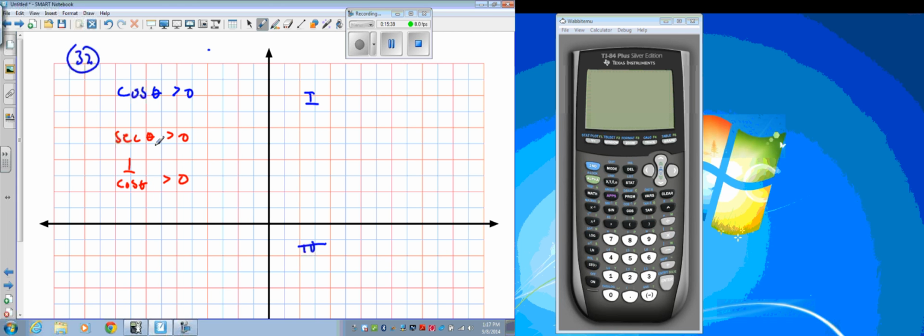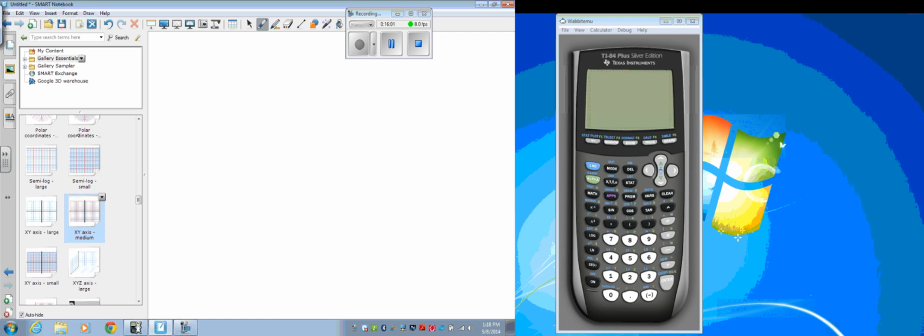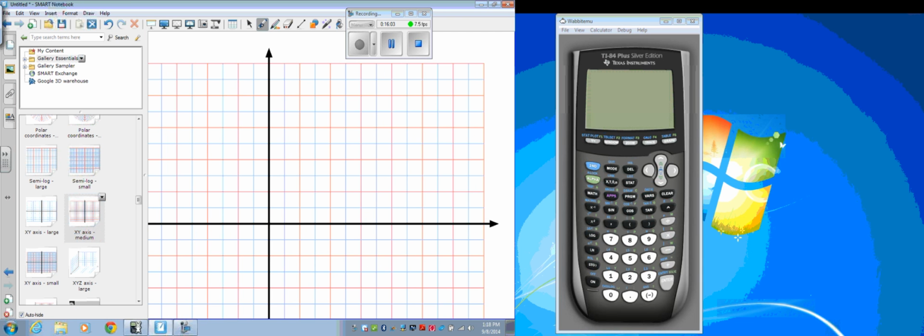So in which quadrants is this true? 1 and 4. So the answer is quadrants 1 and 4. Does that make sense? You take each one and you say, where is it true? Then let's go to 38.